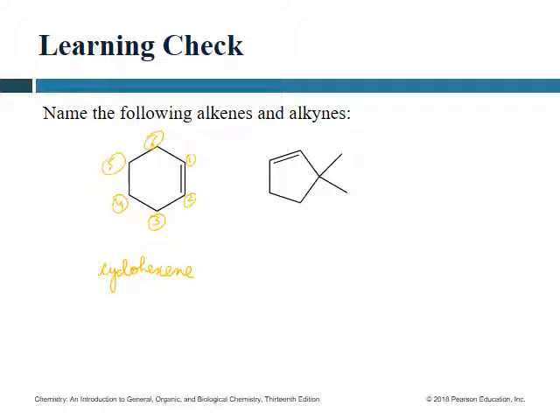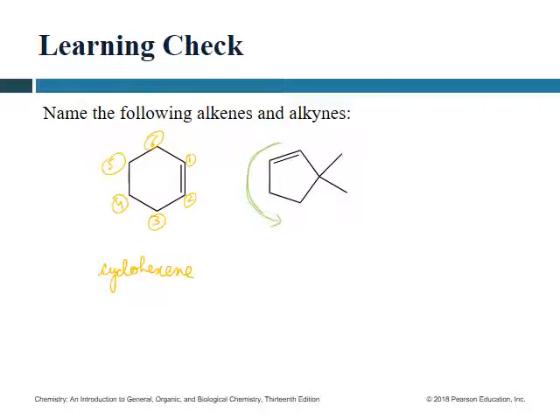We don't have to tell the number where the double bond is. Next we go to the next structure, which is, again, a cycloalkene, but this has substituents. So I need to know how I should number it. If I start numbering from here, if I make this one and I go in this particular direction, my substituent will get a very big number, right?